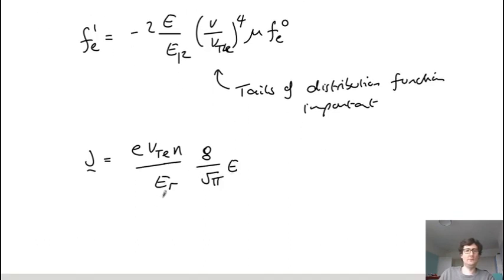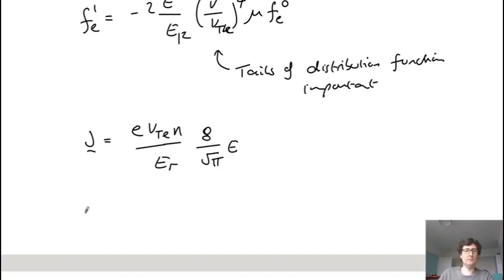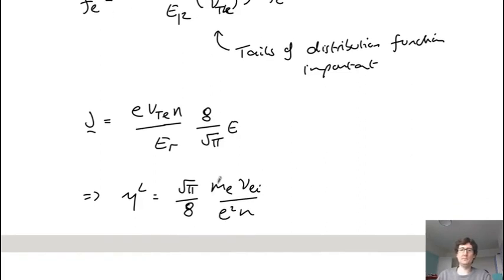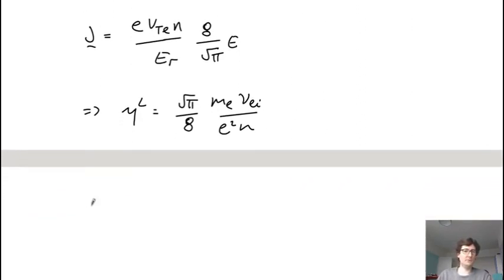Therefore if you write this in terms of the resistivity, you can call it eta_L for the Lorentz form, or the Lorentz collision operator, and you just have root pi over 8 from this part here. It's just coming from the integral, and this you can compare to the Spitzer-Härm version, the eta Spitzer-Härm that we had at the beginning.